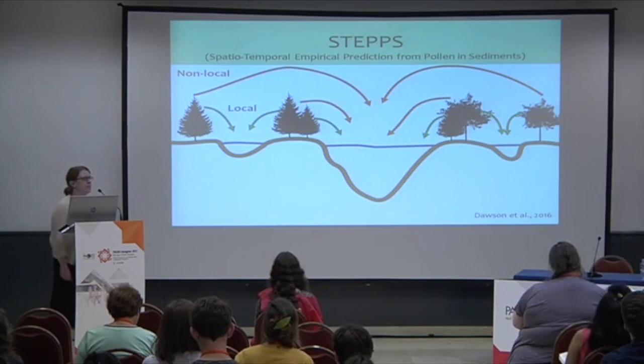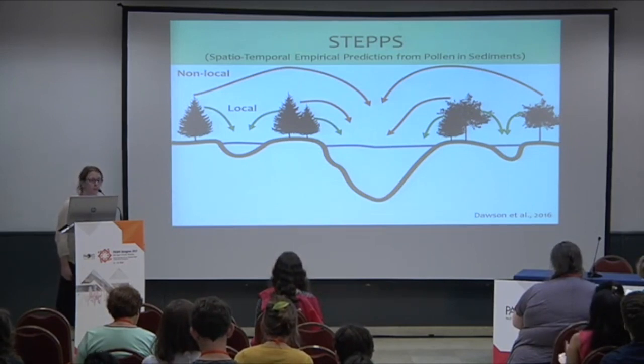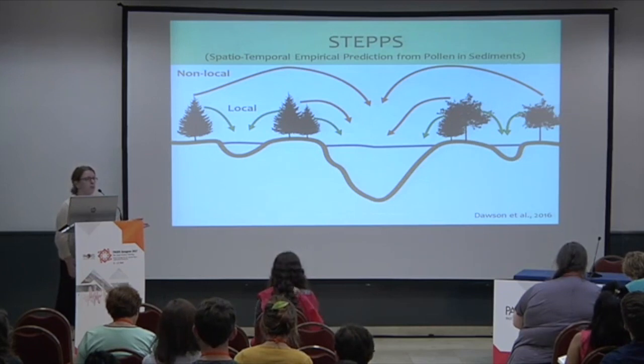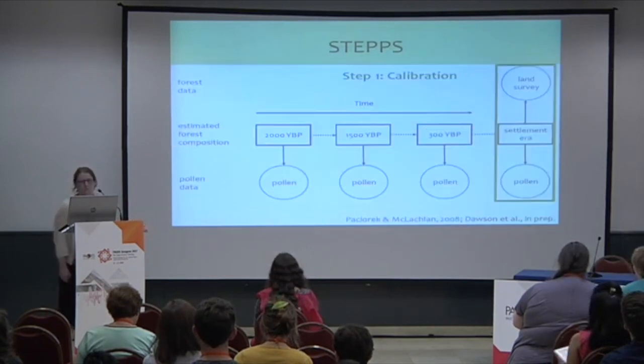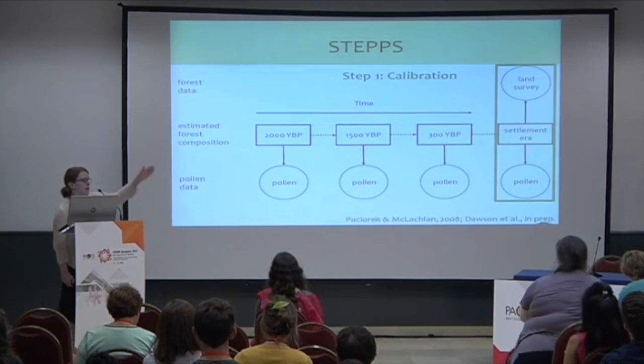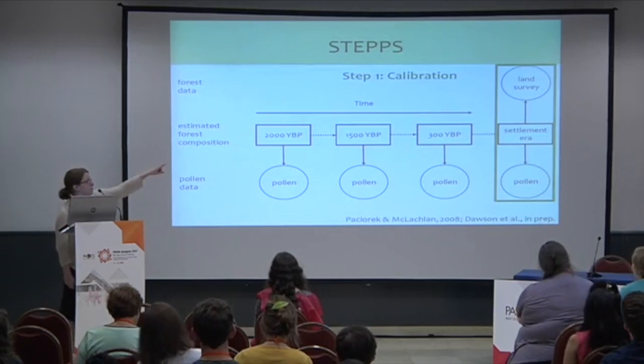There are other models that are similar, so have some aspects that are similar to STEPS. So thinking about local versus non-local contribution, differential production, dispersal, things like that. And so I already mentioned this. We have a time for which we calibrate the pollen-vegetation relationship, so over there on the right.